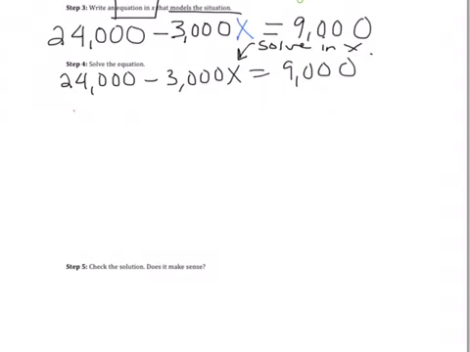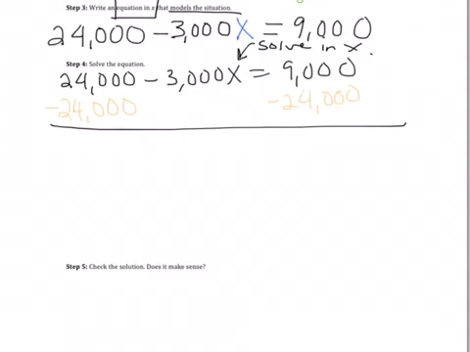So let's see, let me use this color. So minus 24,000, minus 24,000. And then we are just going to add vertically, right?